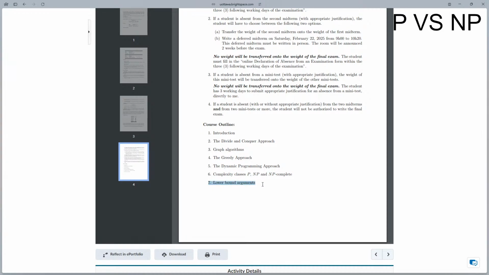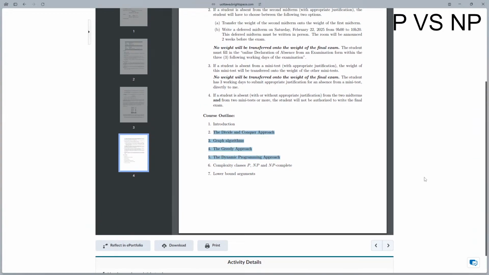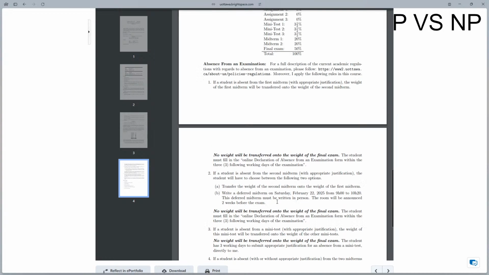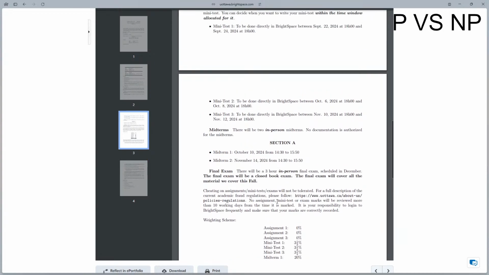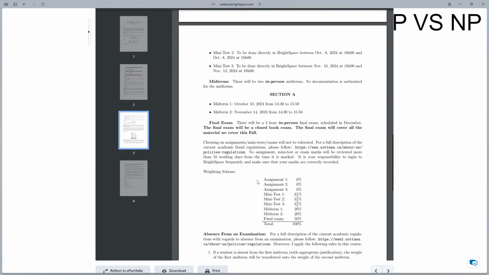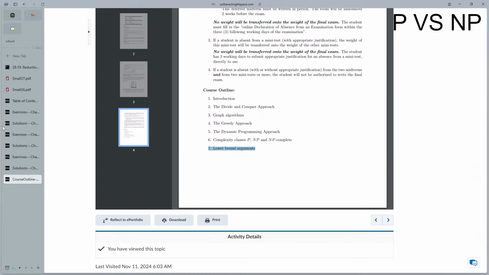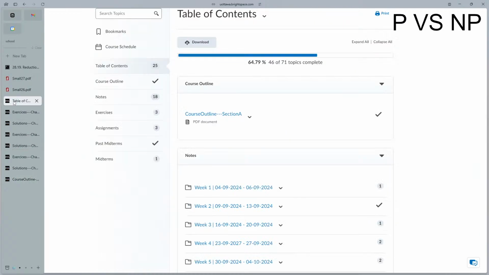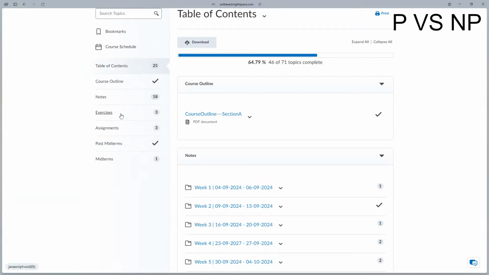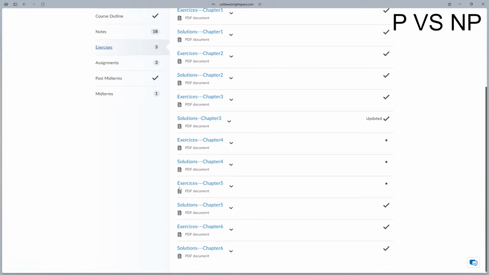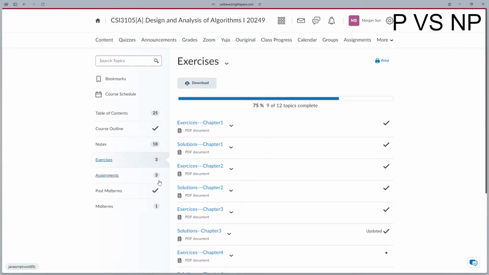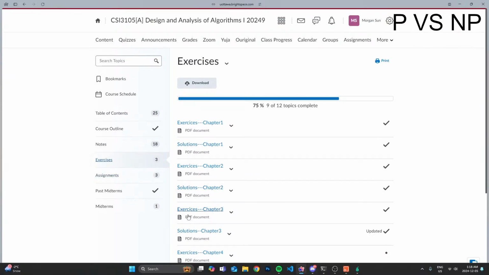I don't know how important this is. Introduction, divide and conquer, graph, greedy, DP. Yeah, these ones are pretty easy because I knew them pretty well. I don't know how important lower bound arguments are, because I don't think there was a problem set for this. Was there? There's no chapter 7, so it's not important.